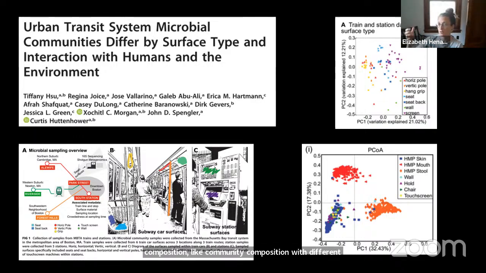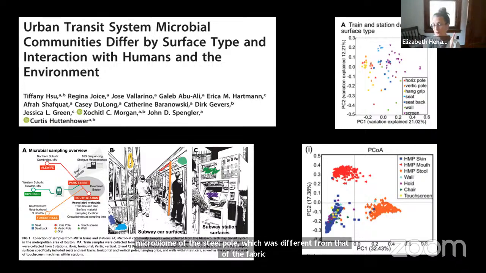So the microbiome of the plastic handle was different from the microbiome of the steel pole, which was different from that of the fabric seats. And so this is an example of how material choices, which is something that is very important in the design process, can directly influence or select for specific kinds of microbiomes.